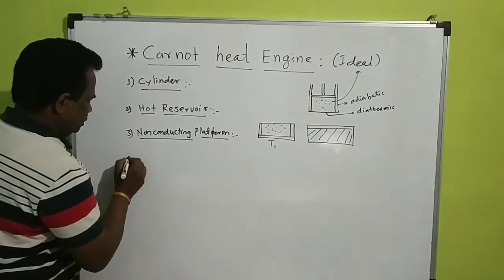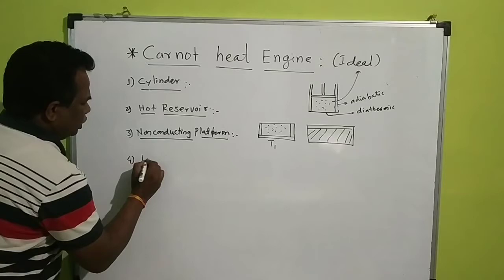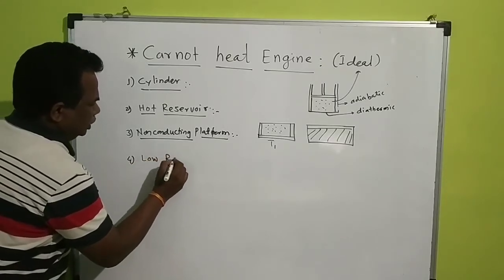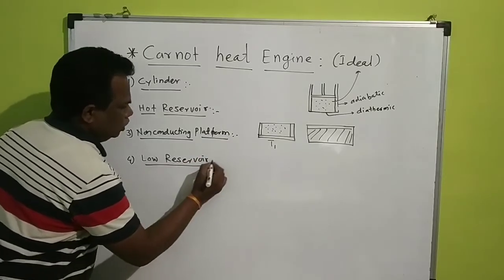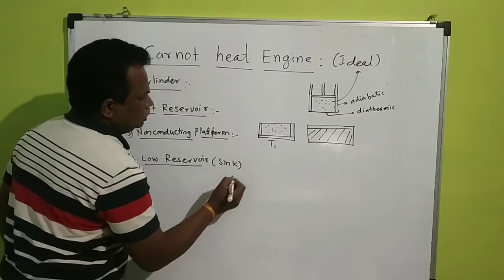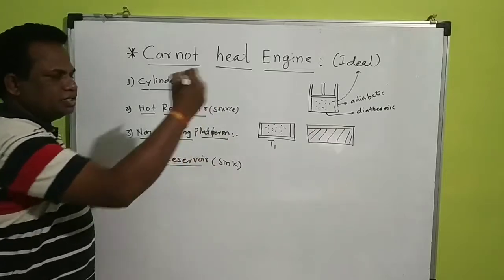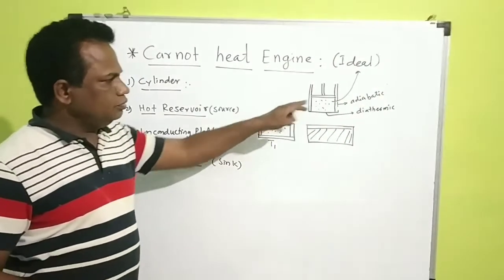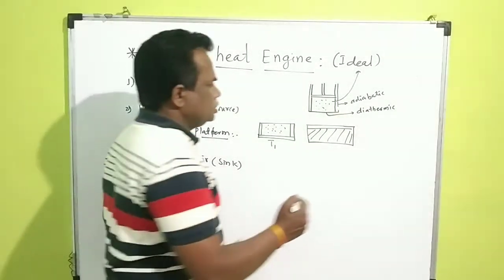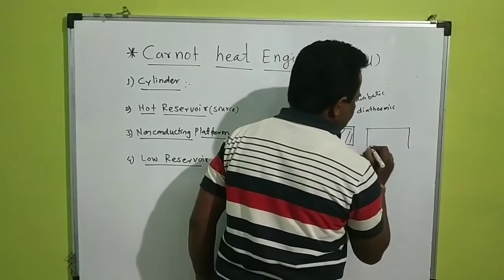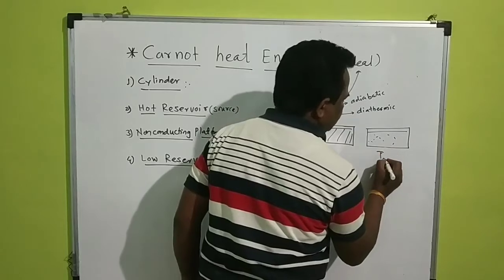And last one, this heat engine consists the sink, that is the low temperature reservoir, or it is also called as the sink. The hot reservoir is also called as source. Source provides the energy to the cylinder, whereas the sink, which is at lower temperature, is taking the energy from the working substance. So this is the sink at lower temperature T2.